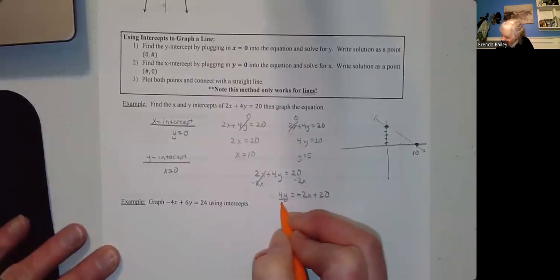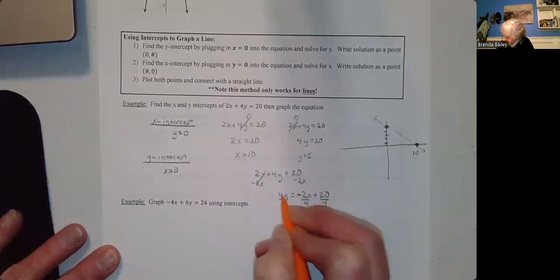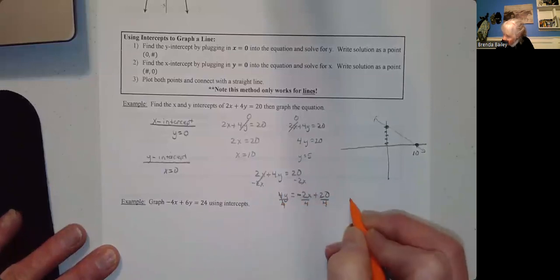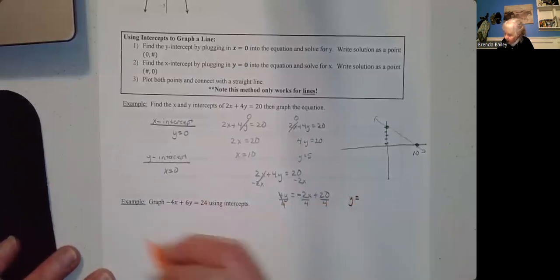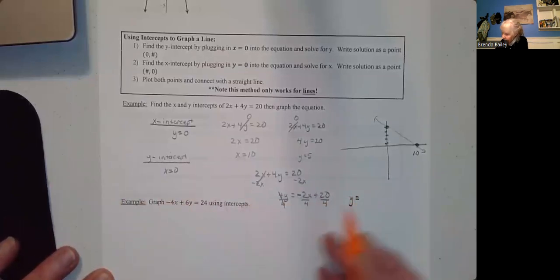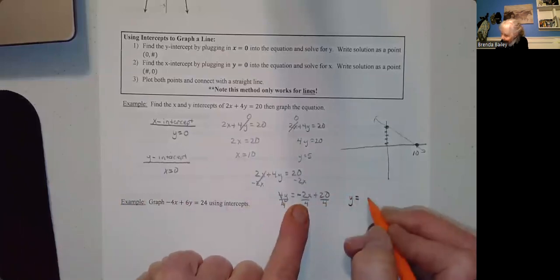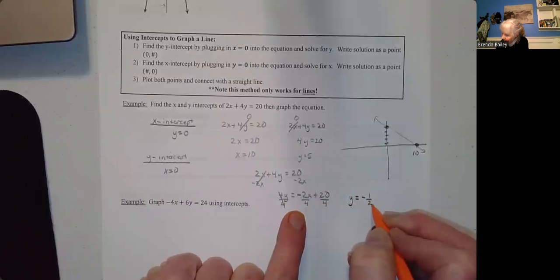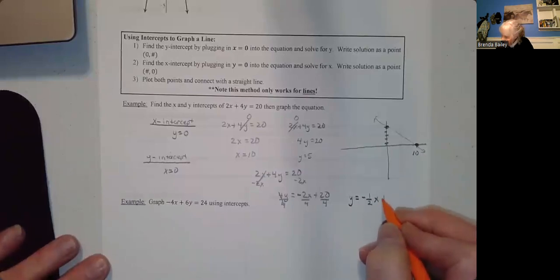Divide by 4. So then y, I'm going to come over here because I don't want to get in this area for this next one. Y equals negative 1/2 x, negative 2/4 reduces to a negative 1/2, plus 5.